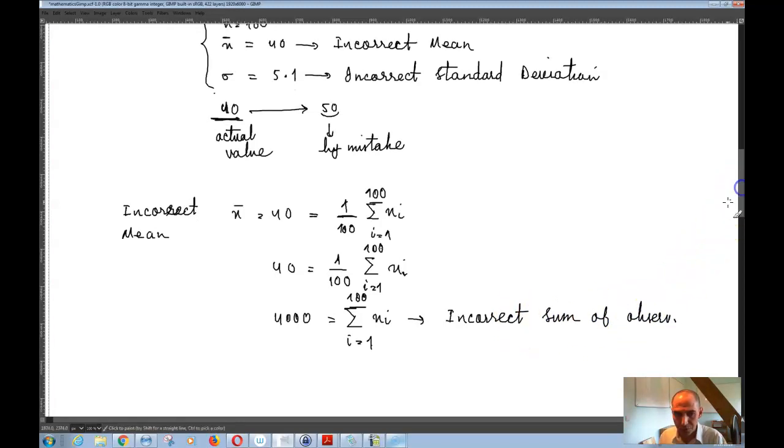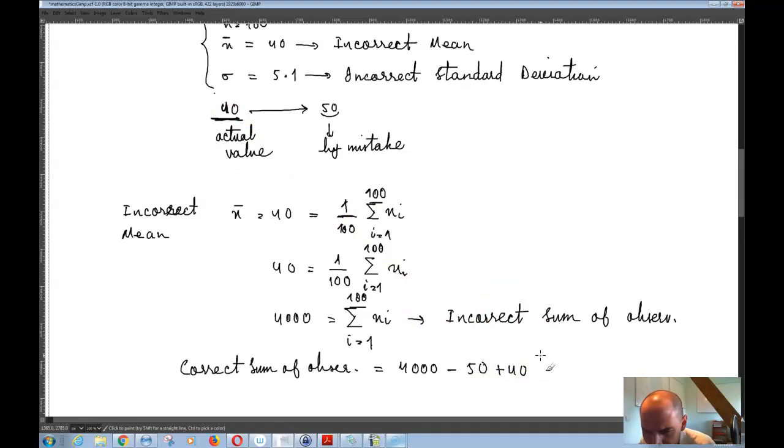Now the correct sum of observations would be basically this: the sum of observations that you have is equal to 4000, and you have taken this value by mistake, so you have to take that out. Instead of that, you have taken 50 by mistake, so you have to take that out, and instead of that add 40 here.